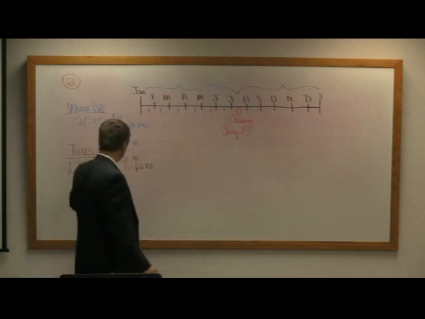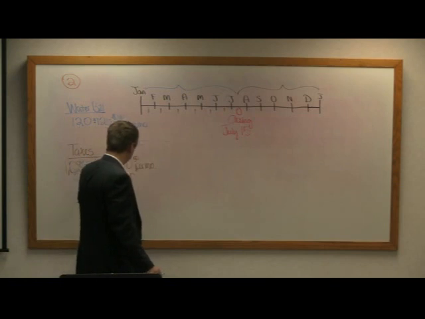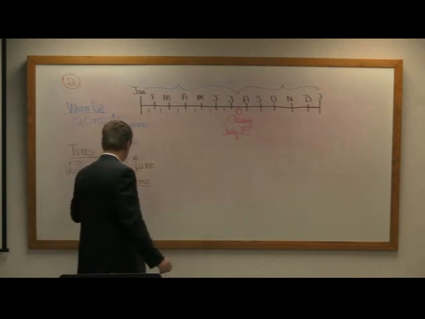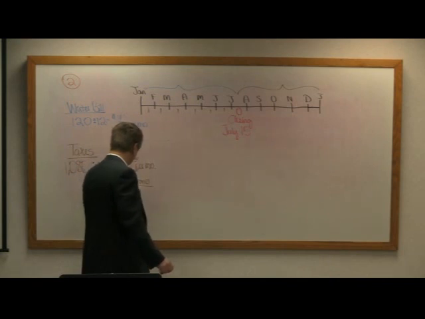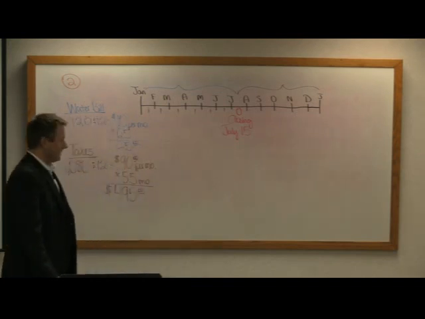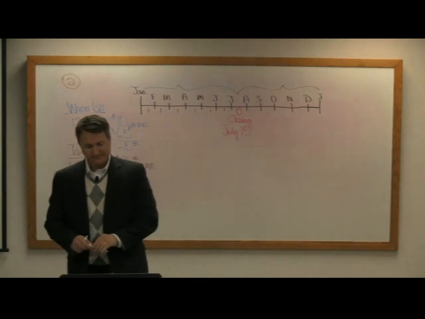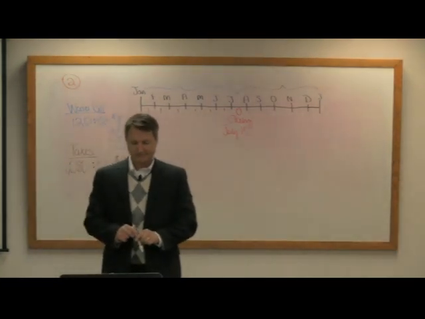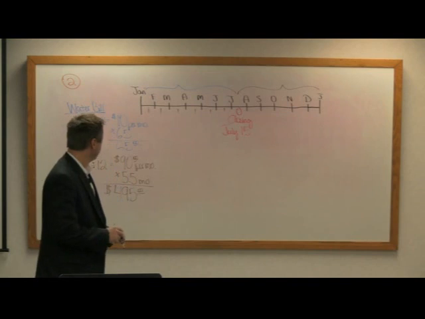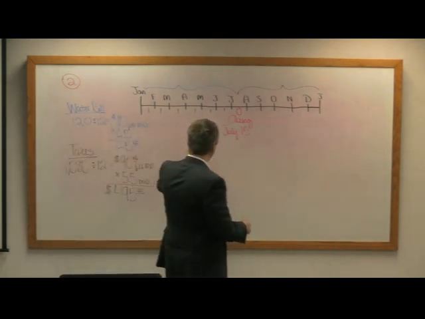So if I take the $90 times the 5.5 months, I'm going to get $495. That looks a lot better. So the question is, how much is Pete going to owe for these expenses if closing takes place on July 15th? So I have $495.